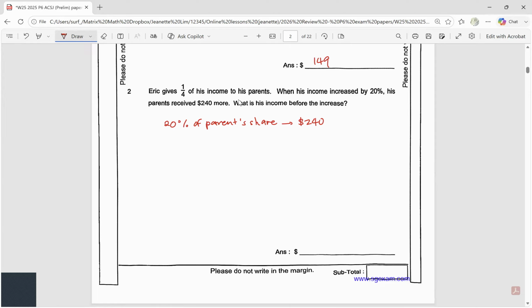So if you want to find how much the parents received before the increase, that will be 100%. So if you want to find 100% of the parents' share, we would times 5 to that.